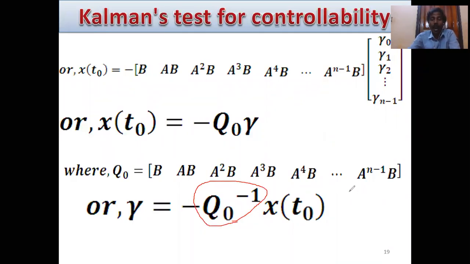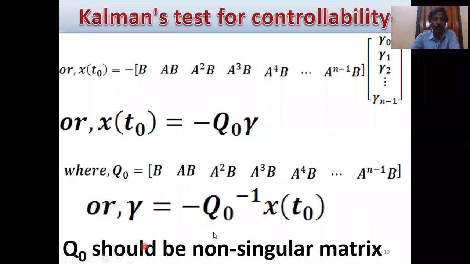This is equivalent to the adjoint of q0 divided by the determinant of q0. So this value is not equal to 0, that means non-singular. If this is equal to 0, gamma is undefined, so this is not equal to 0. This is a property of the system.